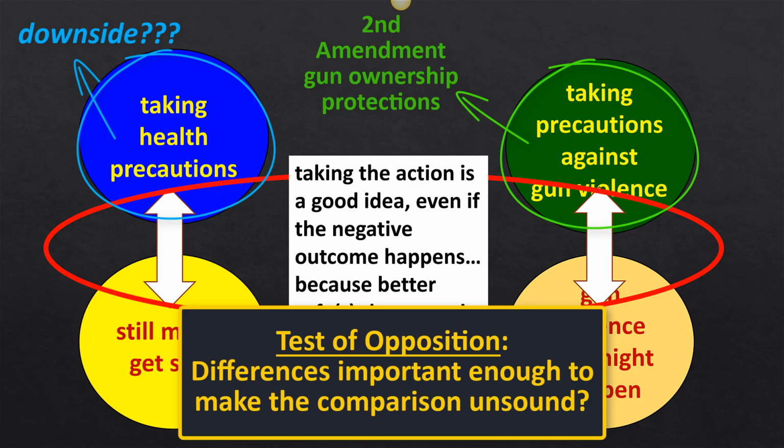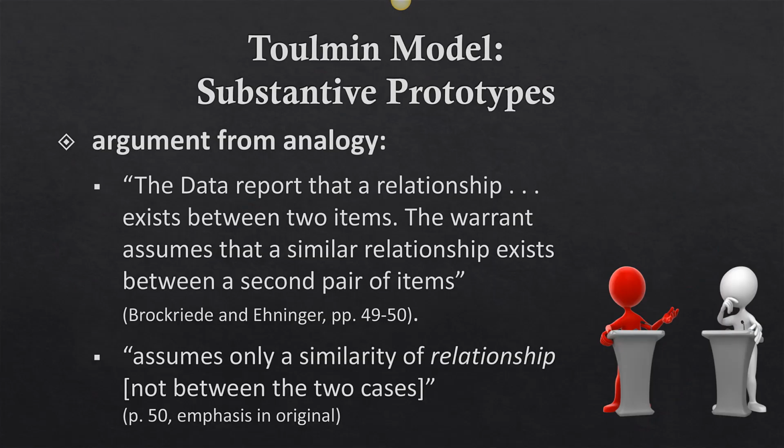However, when we apply the test of opposition, there is a significant difference in the latter relationship as opposed to the former relationship. There are significant exceptions that apply when it comes to taking gun safety precautions that don't apply when we're taking health precautions. Okay, so this is a basic example of how an analogy, specifically a figurative analogy, would work.